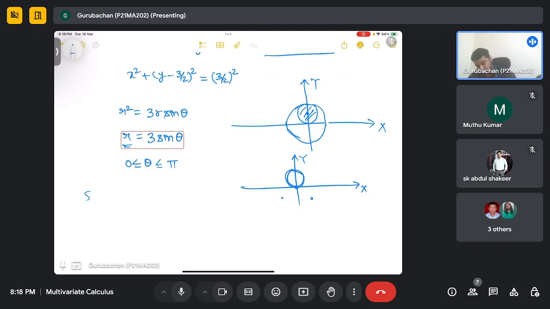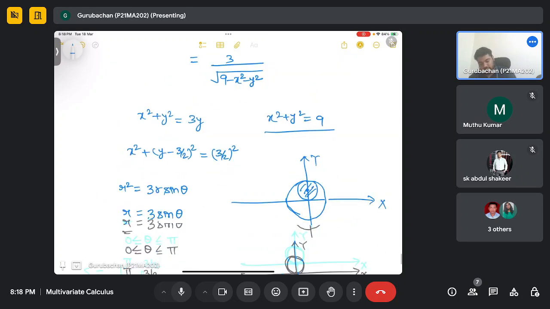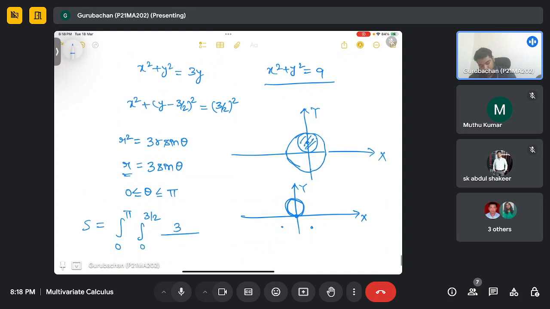Now, what will be the surface area? Surface area is: theta will go from 0 to pi, r will go from 0 to 3 by 2, and the integrand is 3 divided by square root of 9 minus r square, r dr d theta.